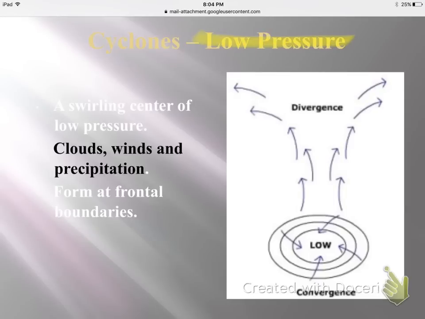So cyclones are areas of low pressure, and it has a center, and that center is swirling counterclockwise, and it's the center of low pressure. Whenever we have cyclones, you're definitely going to have your clouds, your winds, and your precipitation, okay? And these do form at frontal boundaries.